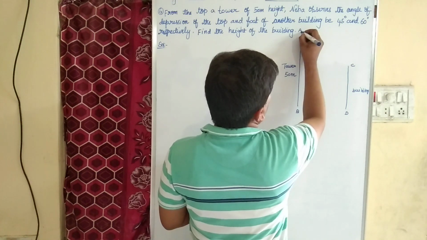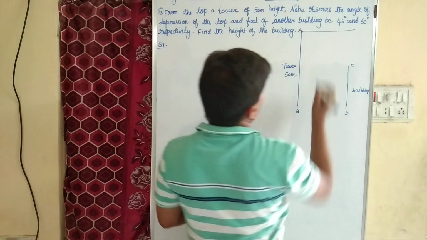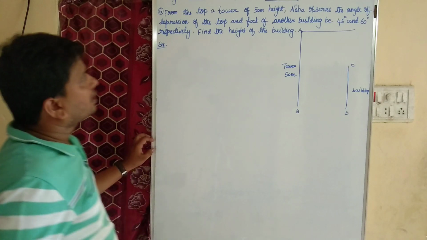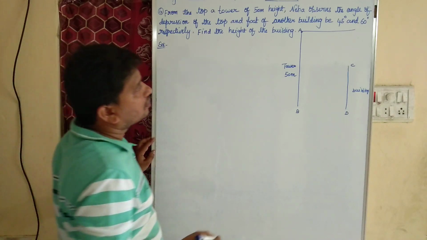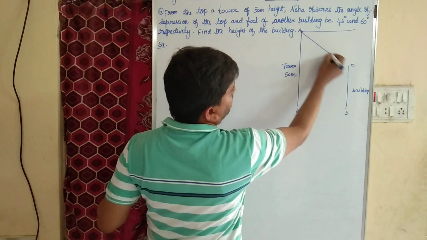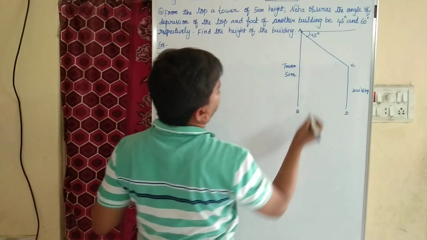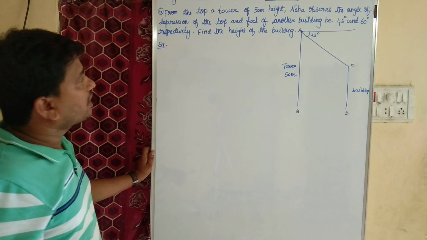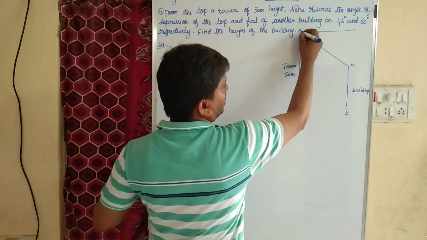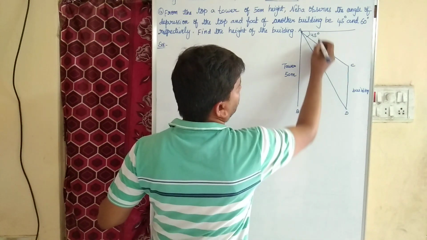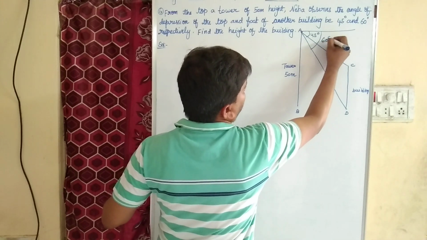Here is Neha. She is observing the angle of depression of the top. This is our depression, which is how much? 45 degrees for the top, and for the foot it is 60 degrees. From here she is observing its foot, which is 60 degrees, right?